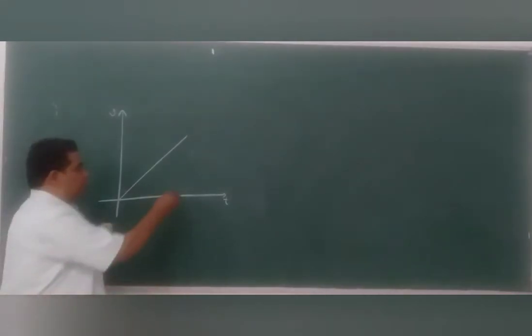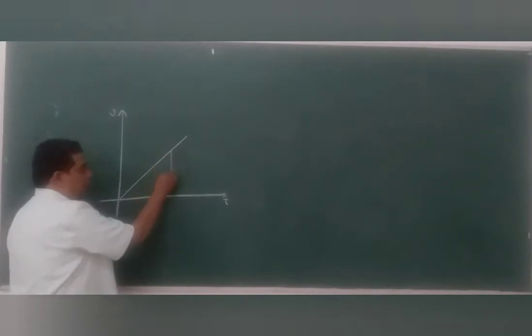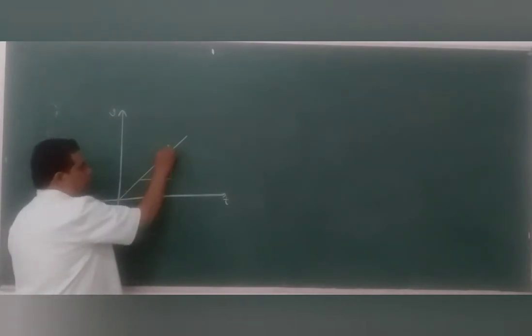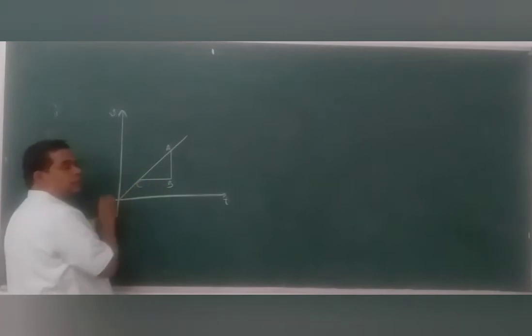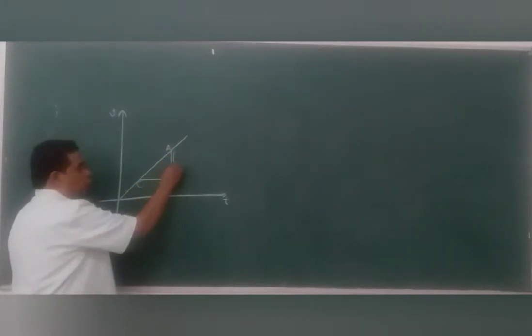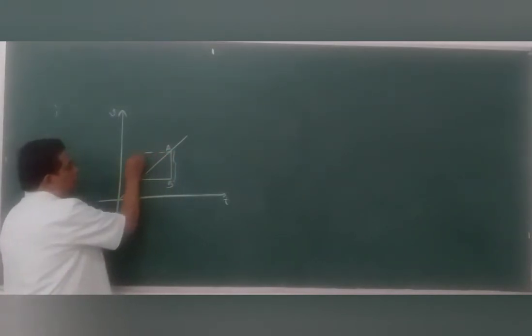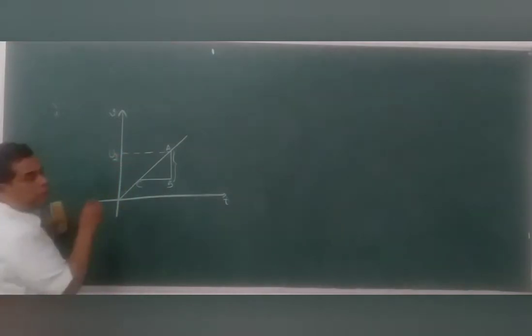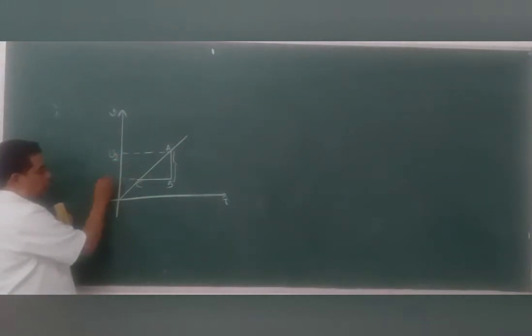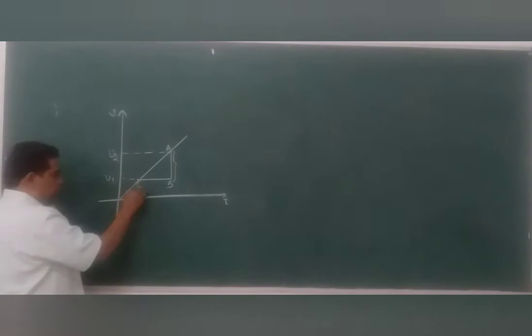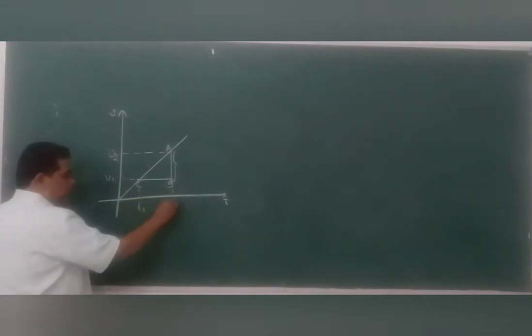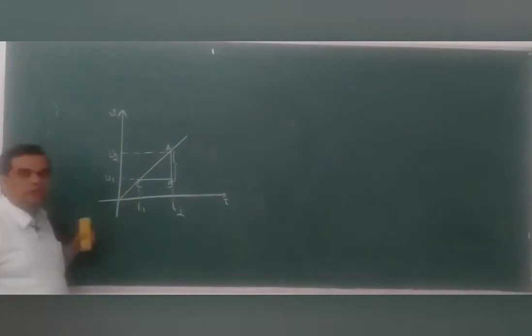Can you think of it? I write down the triangle. We call it ABC. And you know how to get the slope now. This one corresponds to V2 and this one corresponds to V1. This one corresponds to T1 and this one corresponds to T2. We have written the coordinates and all those things.